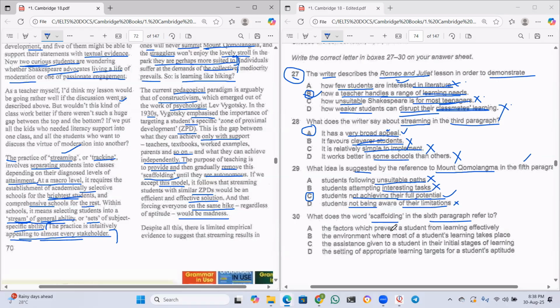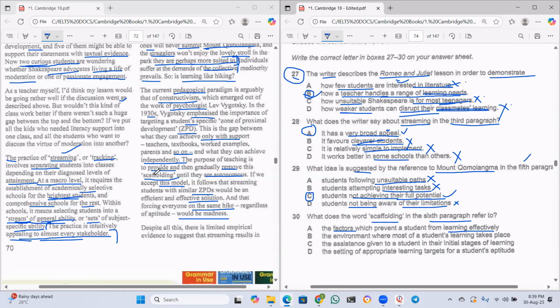The factors which prevent a student from learning effectively. Okay. Did he speak about any factors here which prevent a student from learning effectively? Is something preventing the student here? Here he's saying what he can achieve with support and what he can achieve independently.